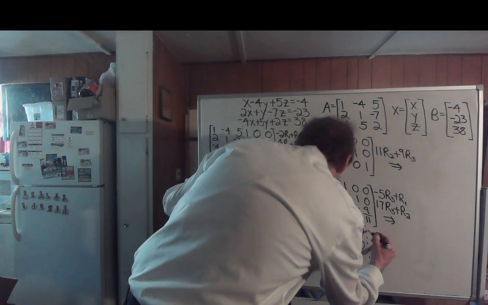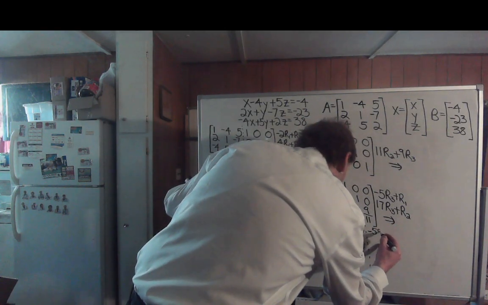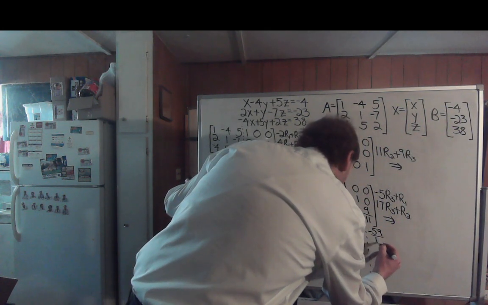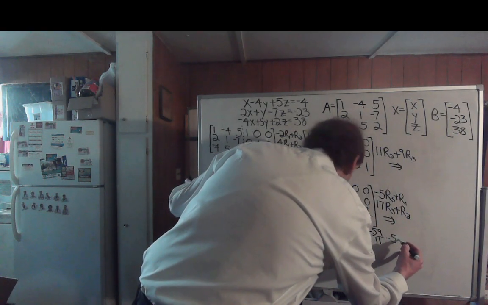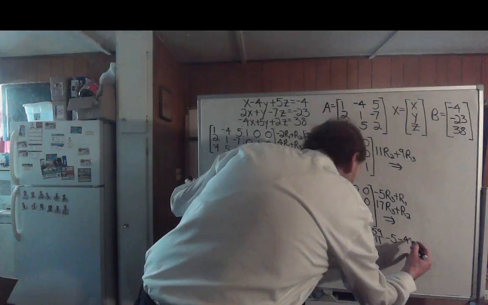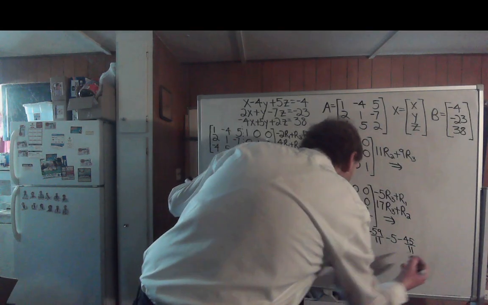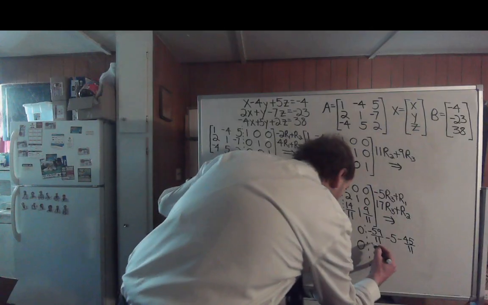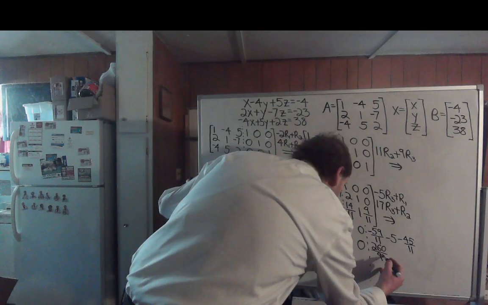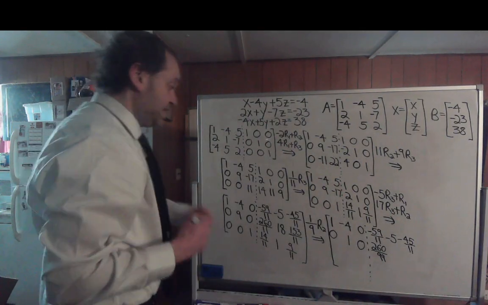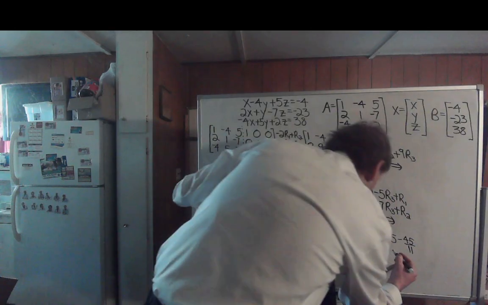Whoops, I forgot to write all these other entries in the first row. Let me write those real quick. So that'd be 260 99ths. 1/9 of 18 is simply 2.